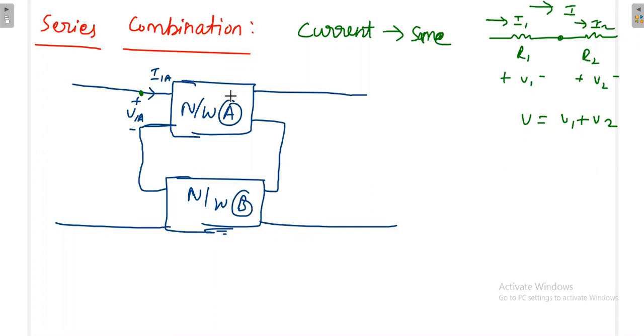Similarly for network A output side, this is V2A. 2 means output side, A means network A.